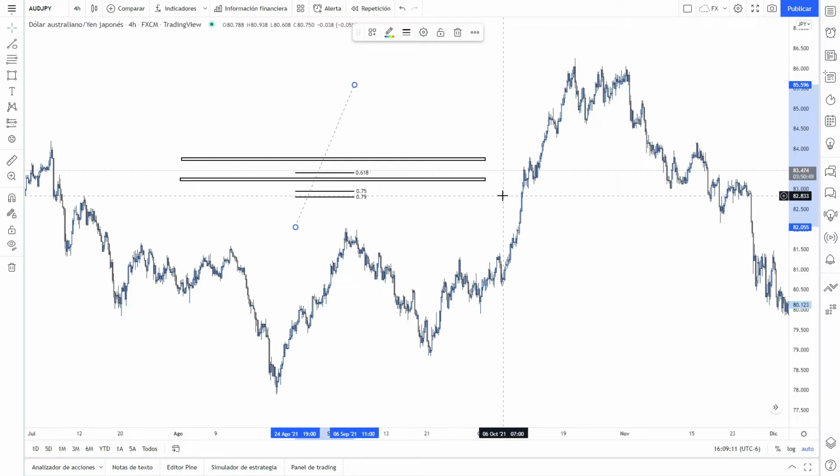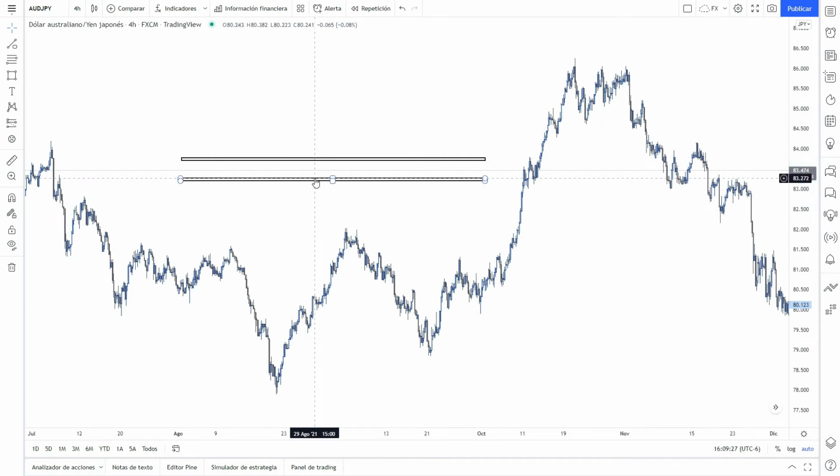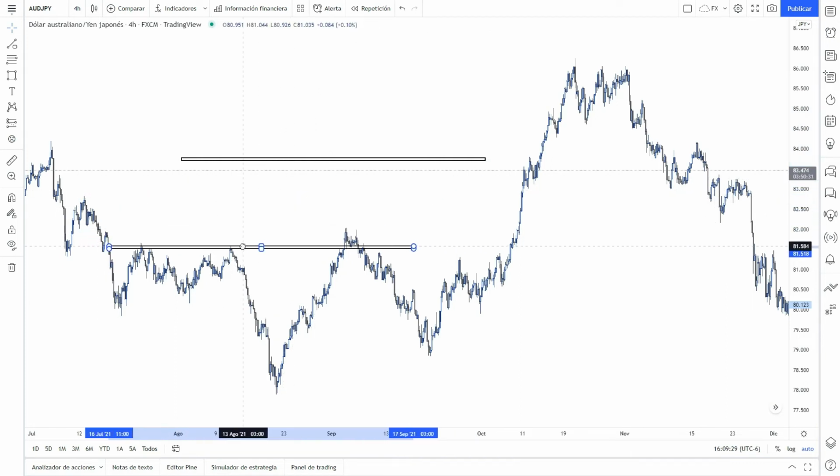I use them because I know many people use them, and they will let me see where their stop losses are located. Let me give you an example. If I place this line right here, you might agree with me that this is a resistance level.